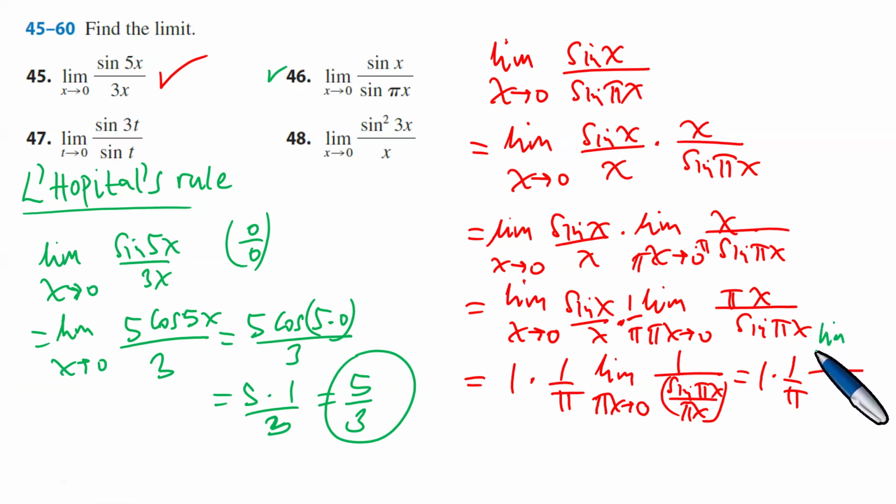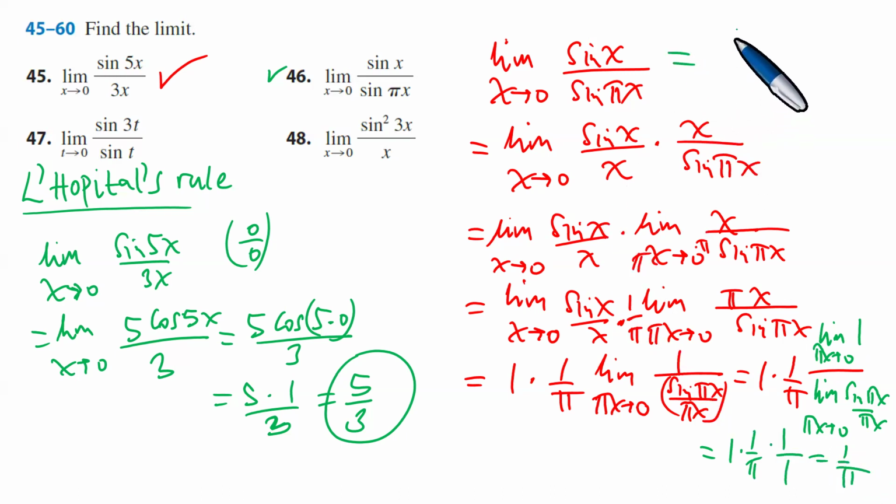We have the limit as pi x approaches 0, and then the sine of pi x over pi x. The top is 1, the bottom is 1, and then it's 1 over pi. So as a consequence, this limit is 1 over pi.